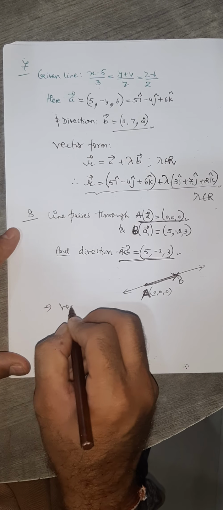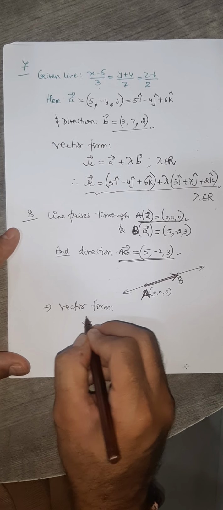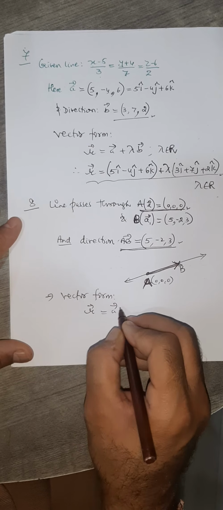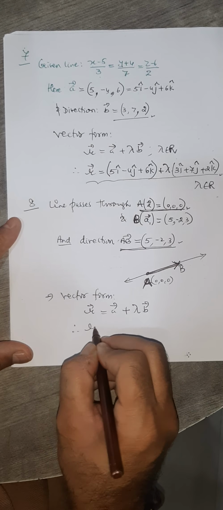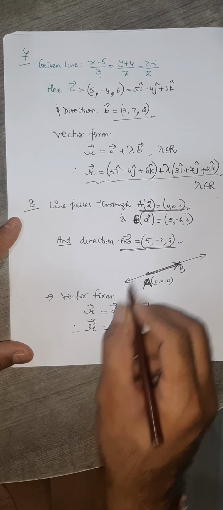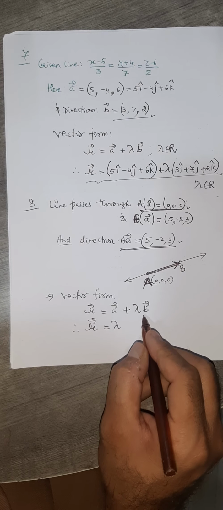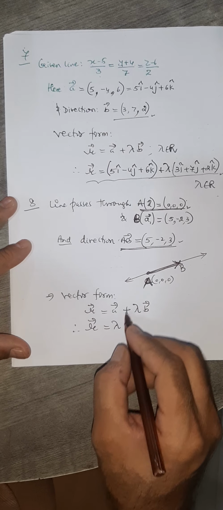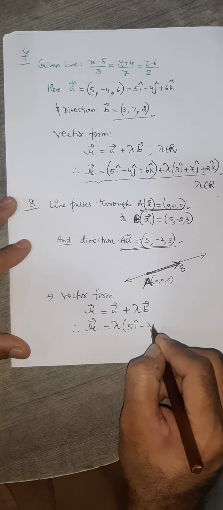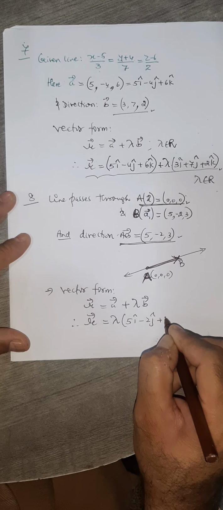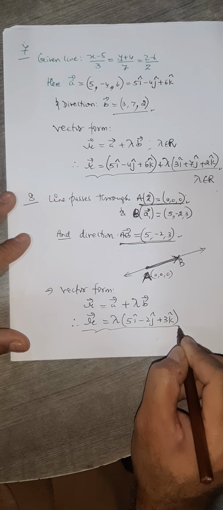Let me write the vector form of the line, that is vector r equals that fixed point plus scalar into the direction of the line. So vector r equals, this is the null vector as you know, plus scalar lambda into that vector b. What's that vector b? That is this one: 5i cap minus 2j cap plus 3k cap. That's the vector form. Fine.